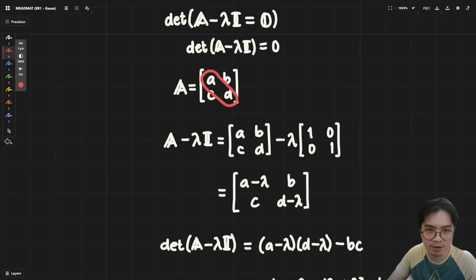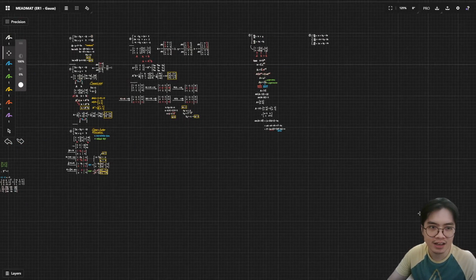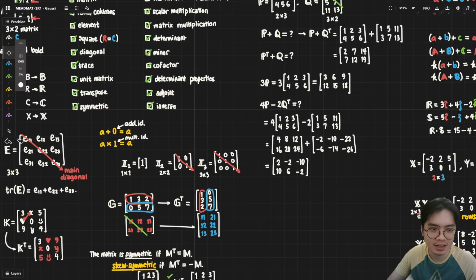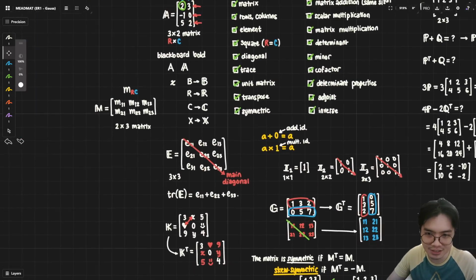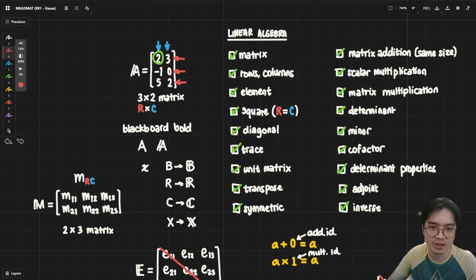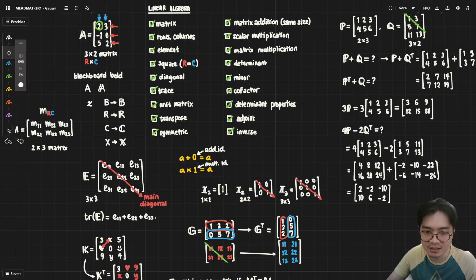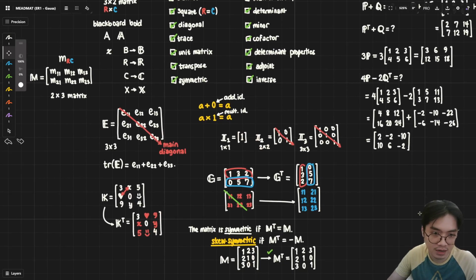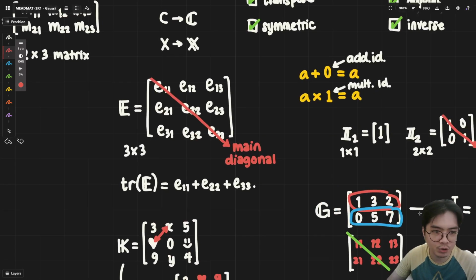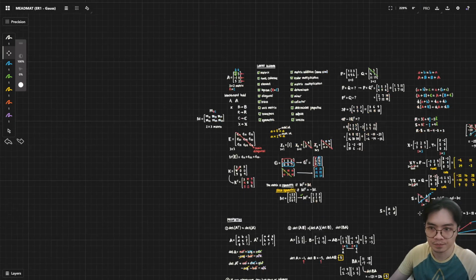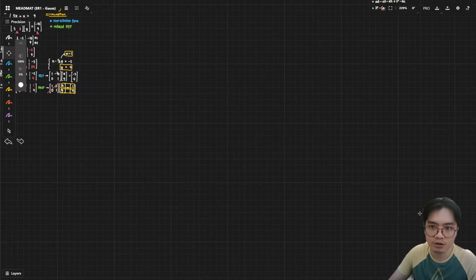If we zoom out, that is the trace, the main diagonal. The trace of E is this and this and this, added together.